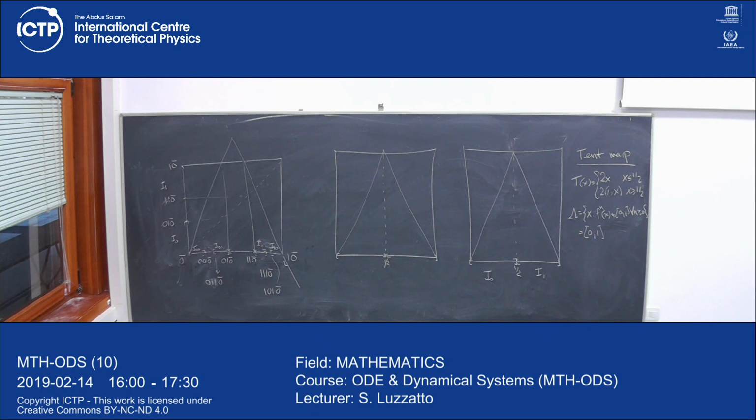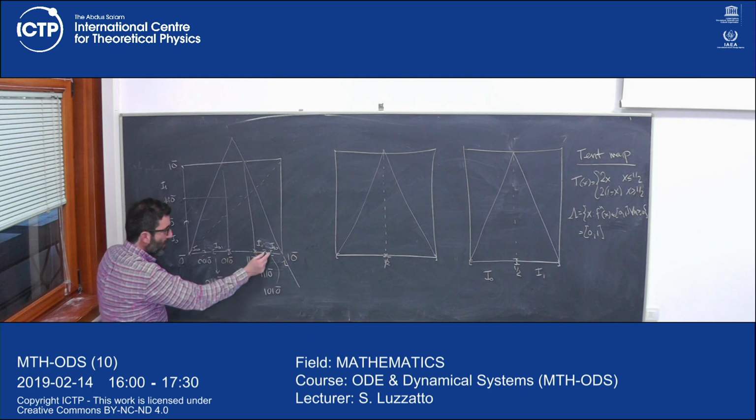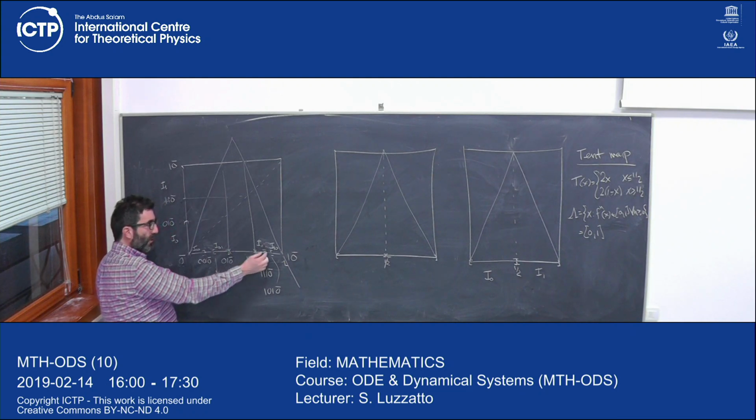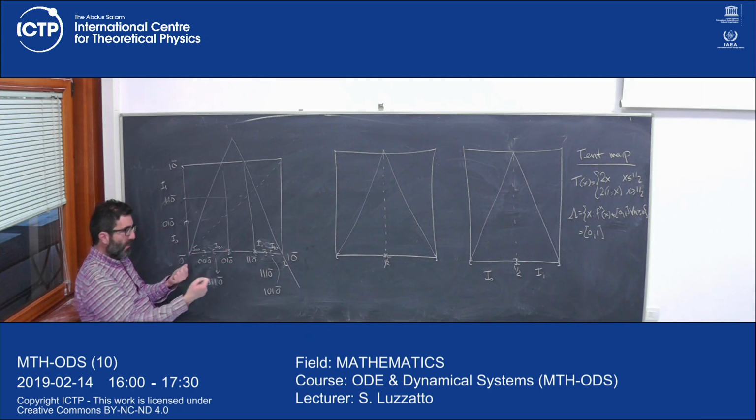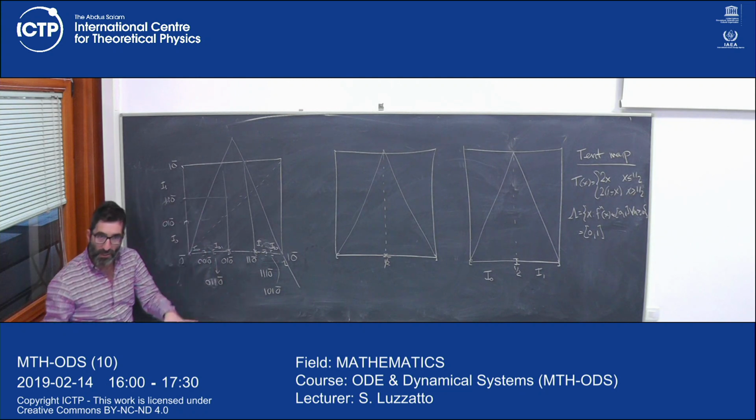Okay? And these are exactly all the gaps that come from all the pre-images of this. At this level, you can see in this construction, this is the big gap, then it's got two little gaps, and then inside here there will be two smaller gaps, and you're building up all this countable number of gaps.